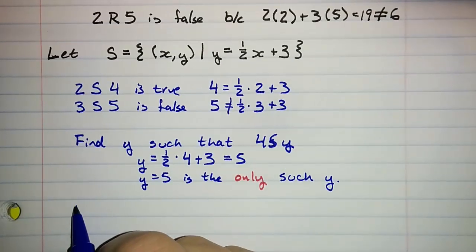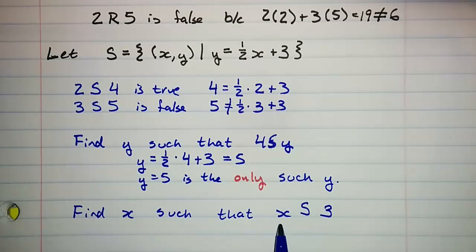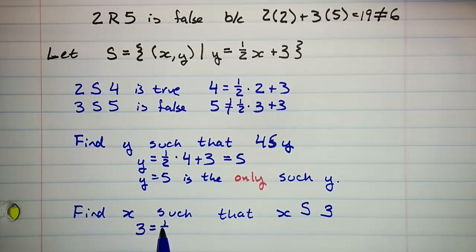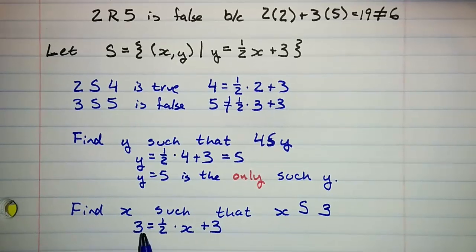We could also say, find an x such that x is related to 3. Well, 3 is in the second place, so 3 is a value of y. But x we don't know. We can solve this for x, can't we?